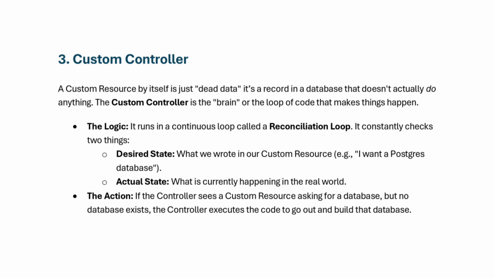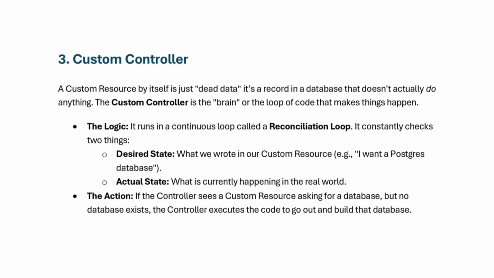So simply, the custom controller is the brain that needs to be there for the custom resource and custom resource definition to work. For deployment and ingress, there exist the deployment controller and ingress controller that act as the brain making things work. The logic behind a custom controller is that it runs a continuous loop called the reconciliation loop, and it constantly checks the desired state and the actual state.